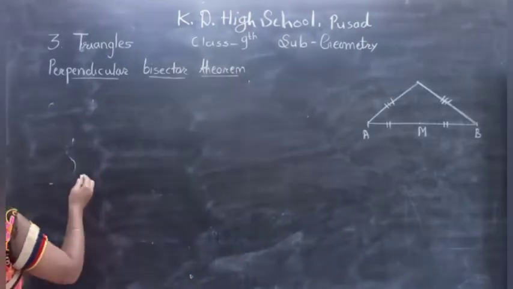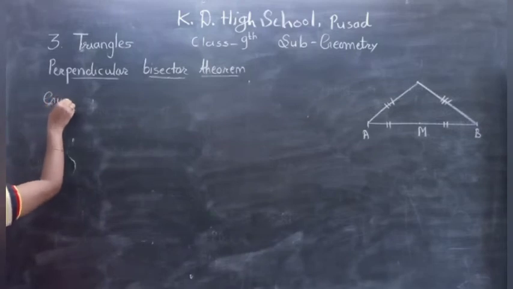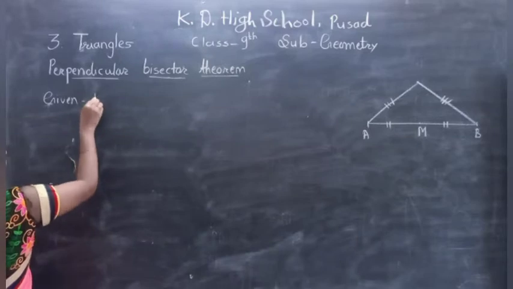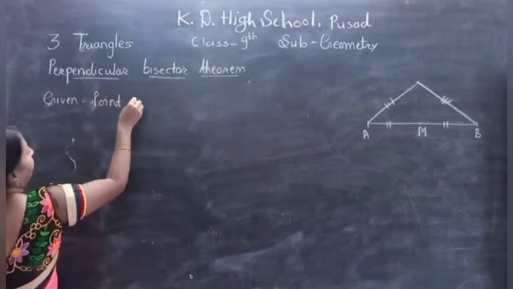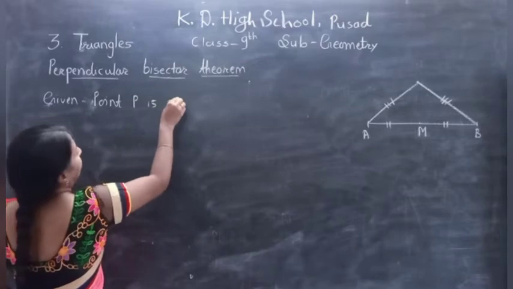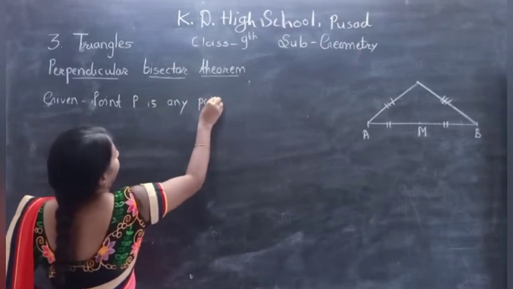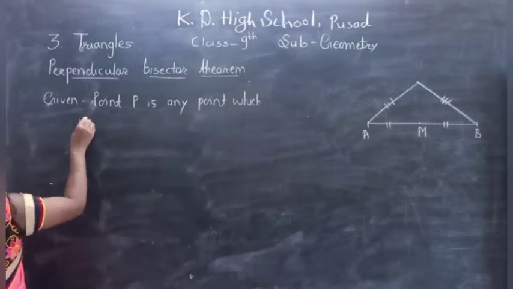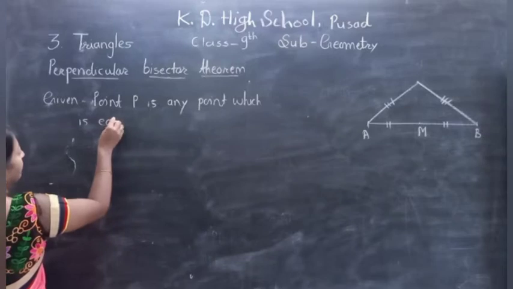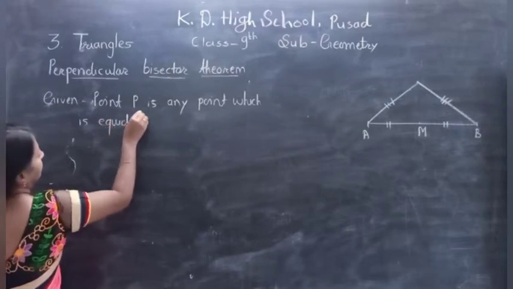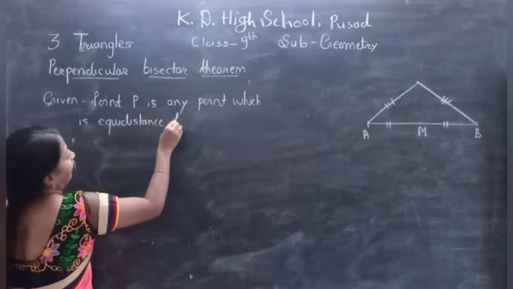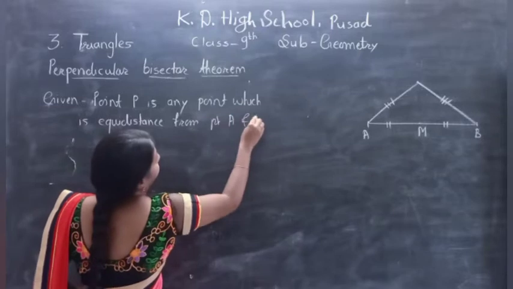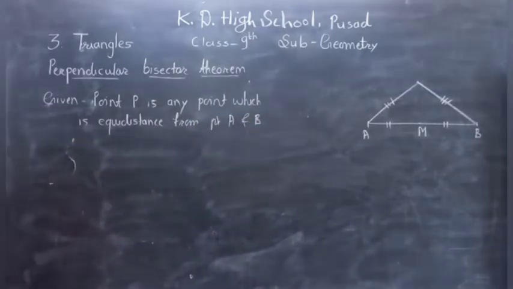So first of all, write down the given. Point P is any point equidistant from points A and B, which is present outside the segment.